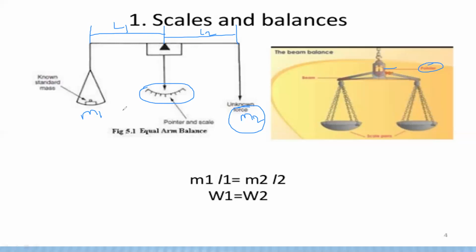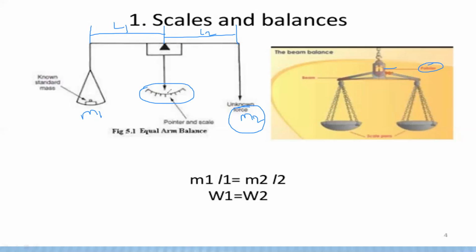In the equal arm beam balance, it is in equilibrium position. That means we are not adding any weights on these arms. The balance is in equilibrium position.